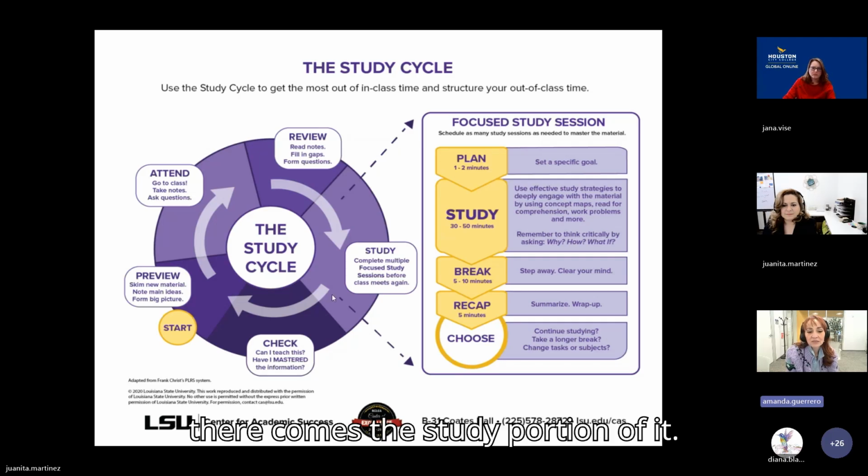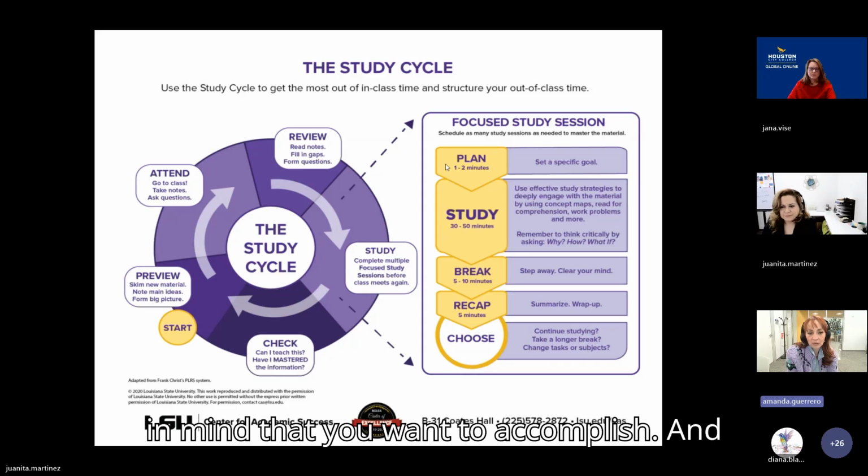And then there comes the study portion of it. A study session is typically about an hour, maybe an hour and a half in time. And this is what it would consist of. You're going to plan. So each time you sit down to study, it's good to have a specific goal in mind that you want to accomplish.